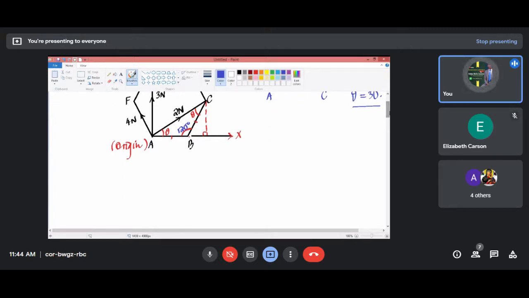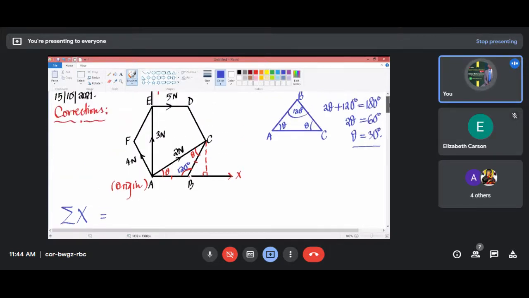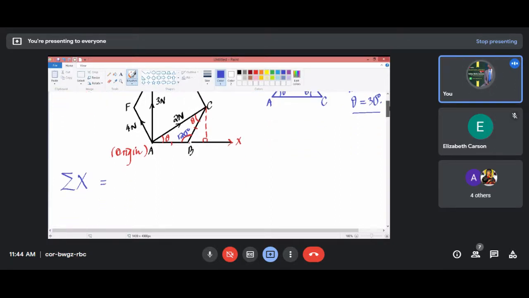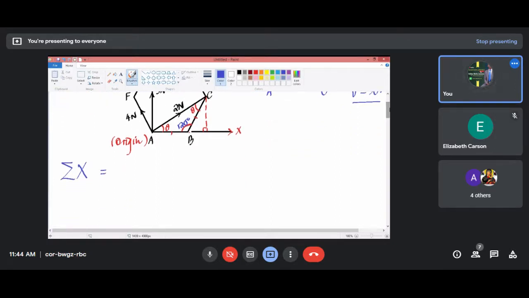So we can start off with resolving for components acting horizontally. Can we start with that 2 Newton force? What was its horizontal component, since now we know its angle to the horizontal? Can somebody tell me its horizontal component?